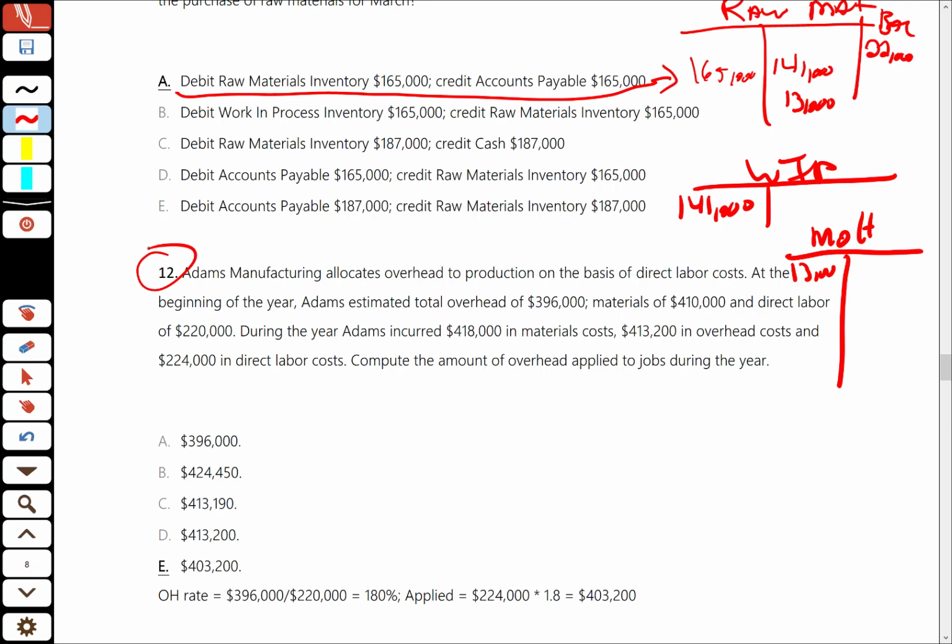Okay, so let's take a look at our estimated, let me see, what do they want me to know here? Compute the amount of overhead applied. Okay, so who wants to set this up?